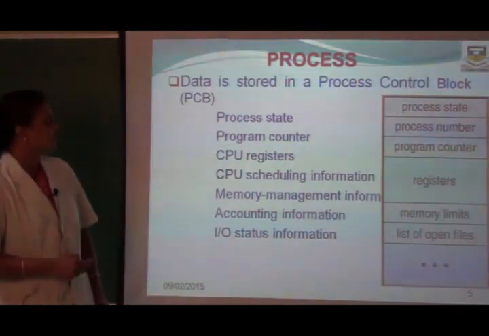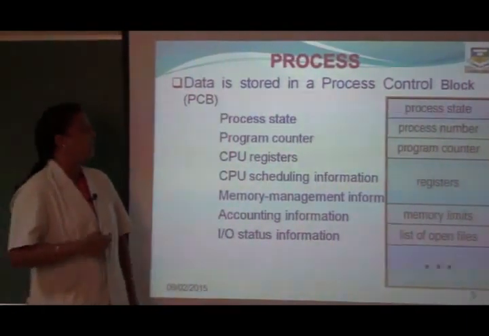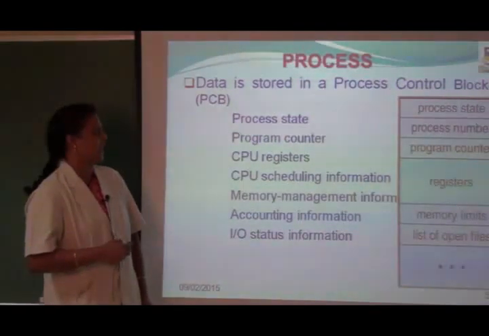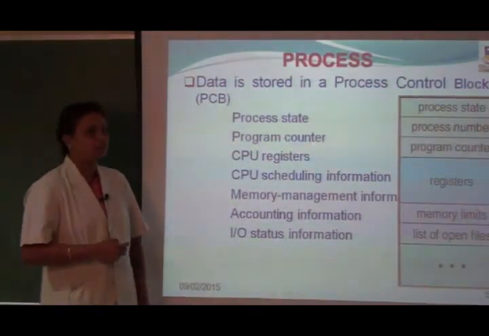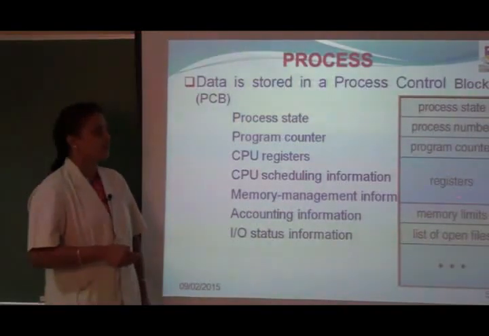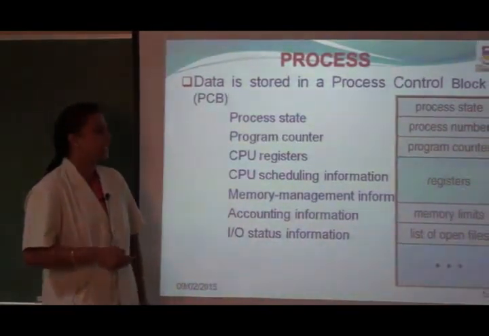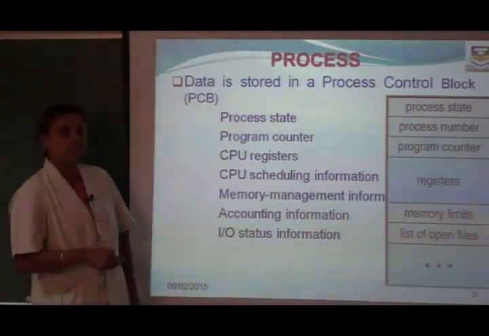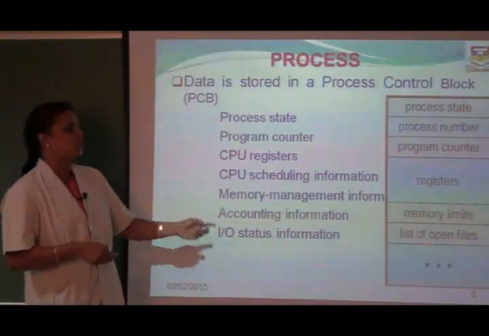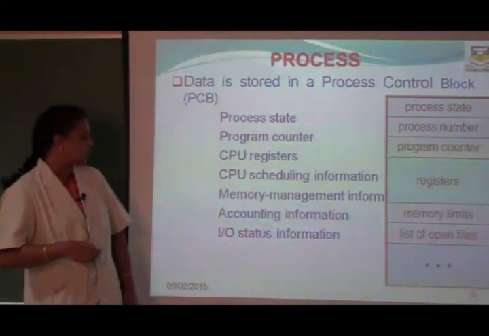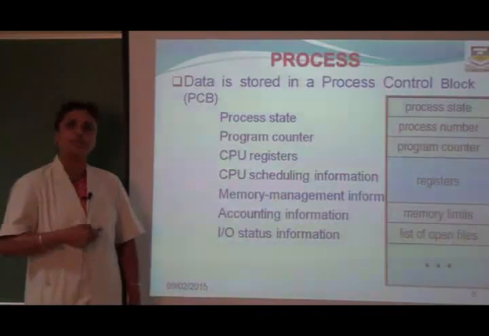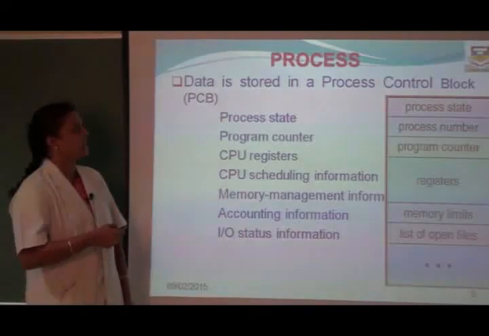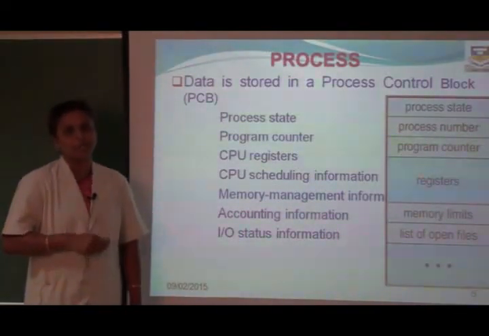The process control block maintains information about the process like the process state, the program counter value, which CPU registers are used by that particular process, in which memory location the process is loaded, the set of files opened by this particular process, and what type of I/O operation that process is going to perform or has already done. All this information is maintained in the process control block of a particular process.